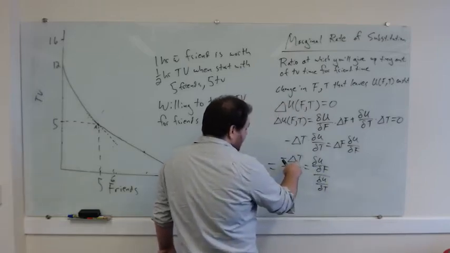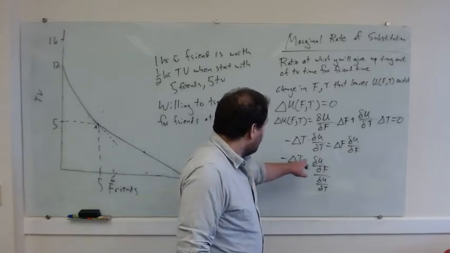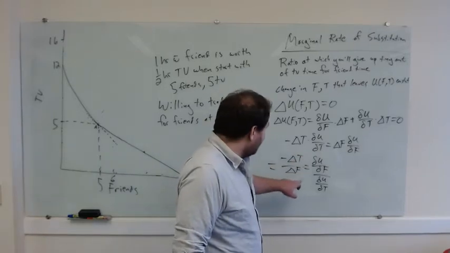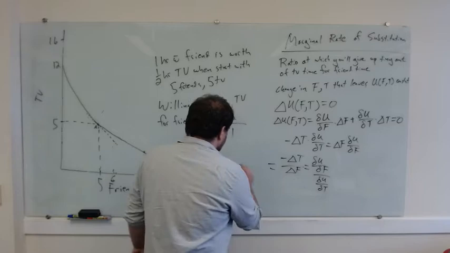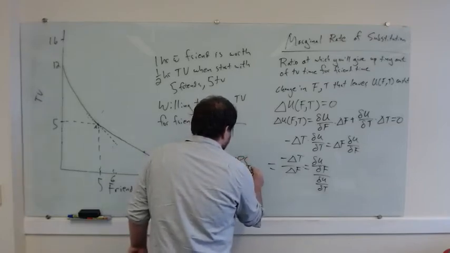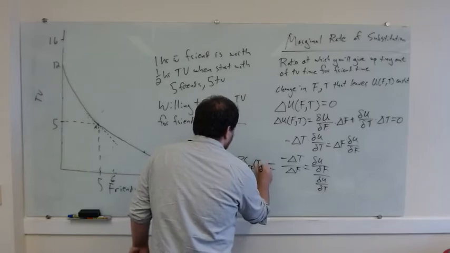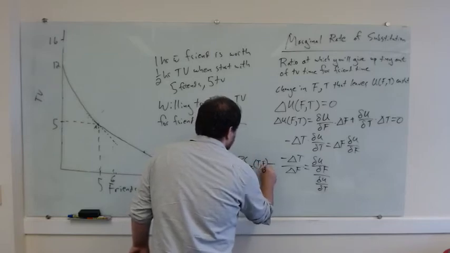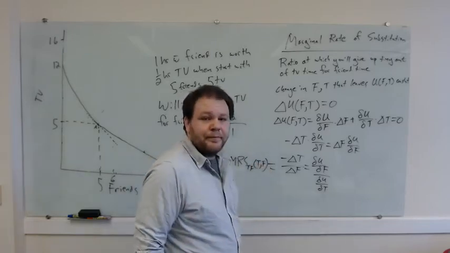And this, the ratio of TV time given up for friend time gained, is going to be our marginal rate of substitution, MRS_TF, for a particular amount of TV time and friend time.